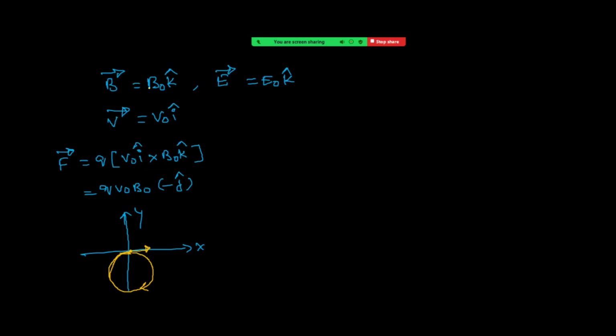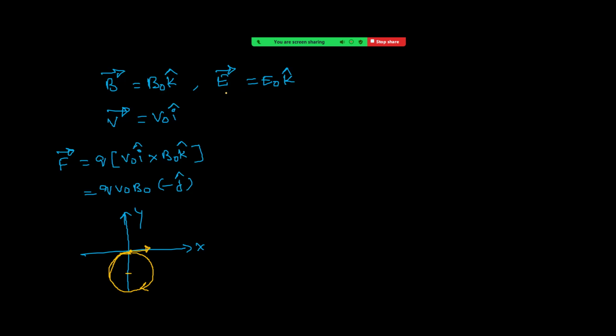And we can see along the magnetic field, there is no velocity component. But because of the electric field, its velocity component along the z-axis will increase from 0. That means it is going to follow a helical path with increasing pitch. The reason is that along the magnetic field, because of the electric field, the velocity component along the field increases.